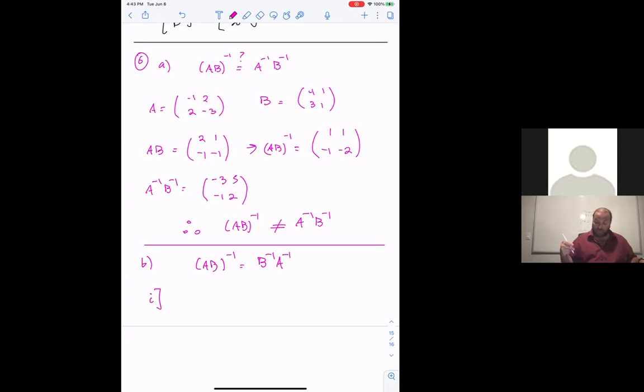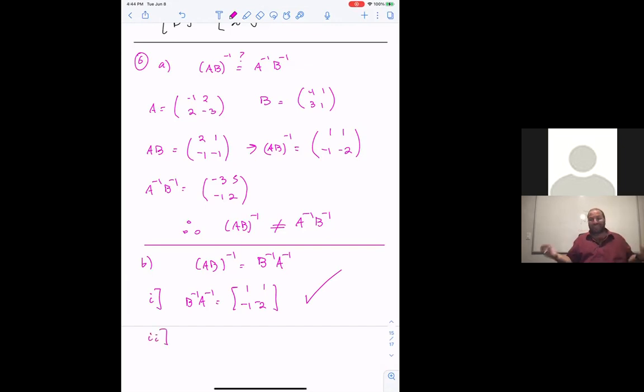Use the B inverse A inverse above. So B inverse parentheses times A inverse. And we see that B inverse A inverse equals 1, 1, -1, -2. And we have success. It worked.